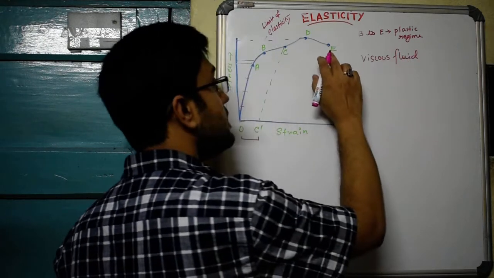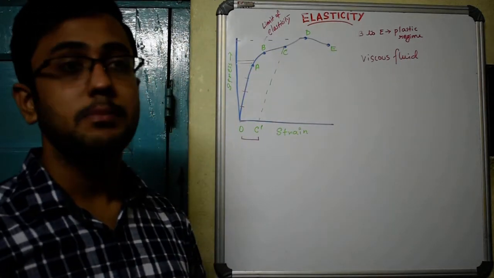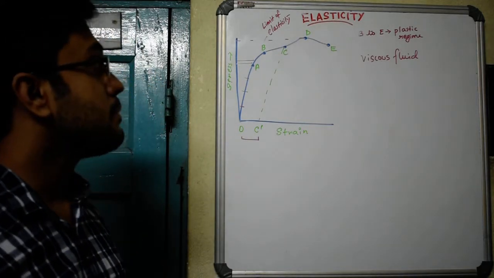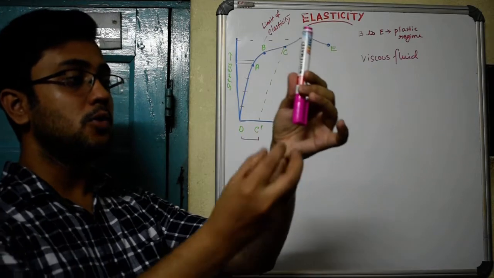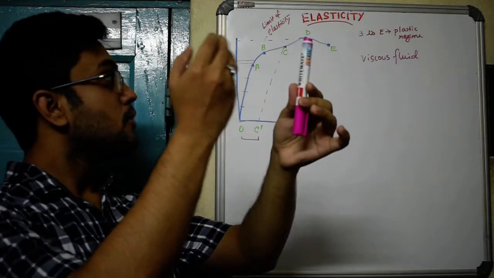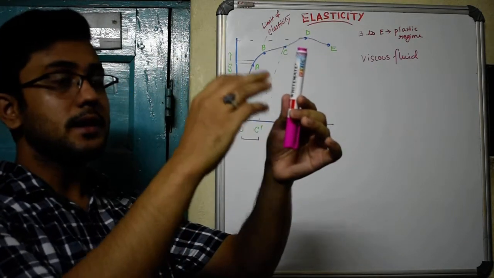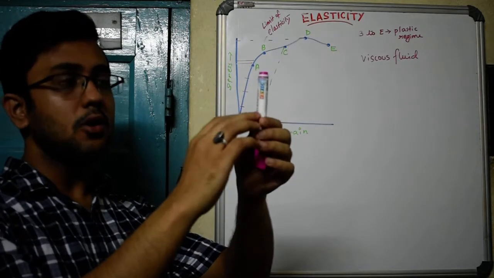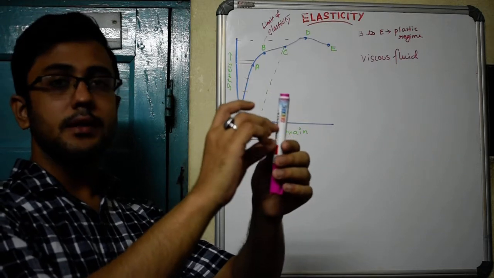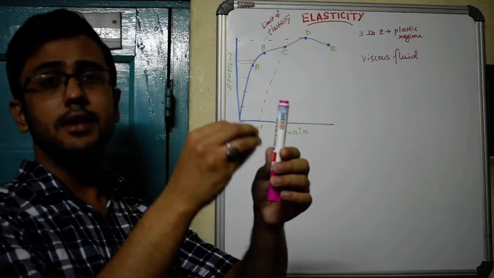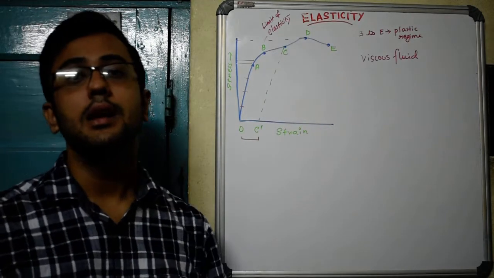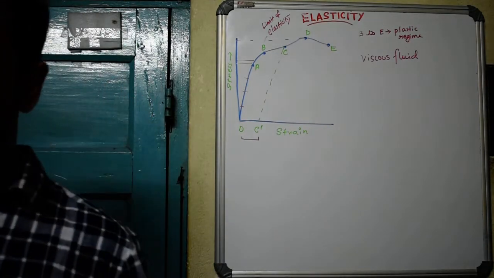And then finally, what happens is the wire snaps. That means if this is a wire and a load is being applied at this point, when the stress reaches the point D, that is the maximum load this can take, forget about elasticity. Now somewhere in the middle, the material of the wire will start flowing like a viscous fluid. They will get detached, and then the wire will tear off or snap at the point E.